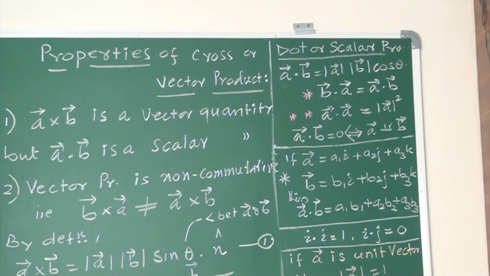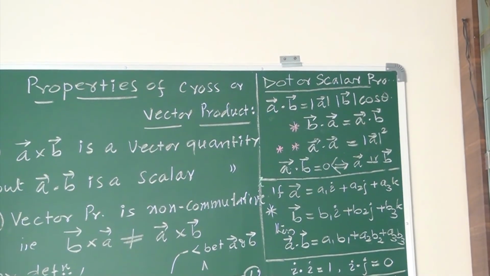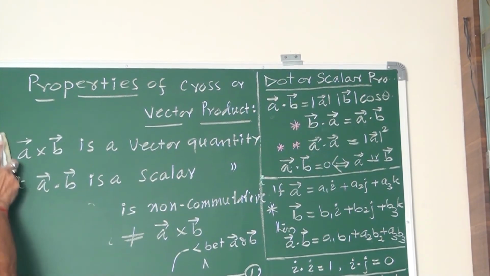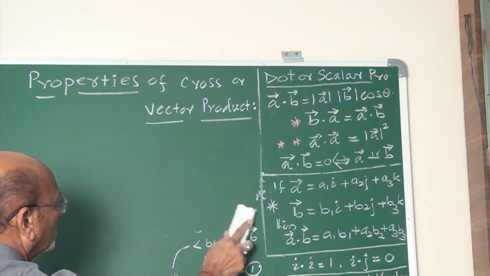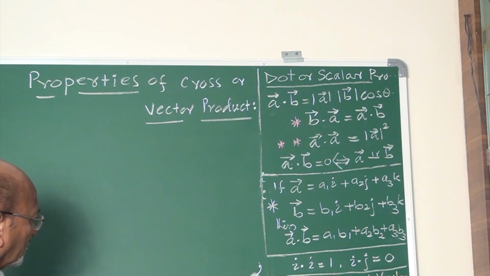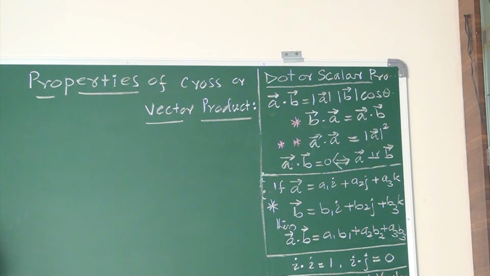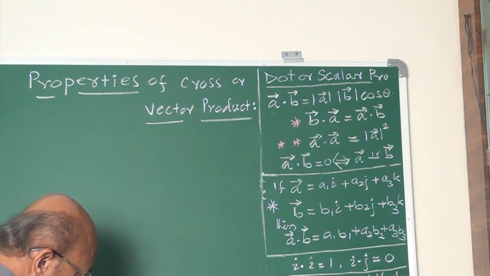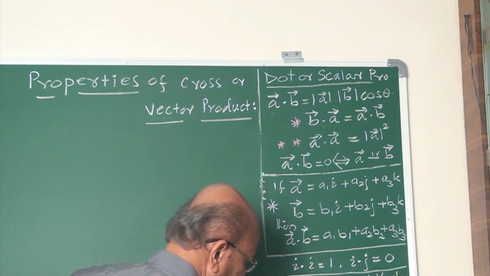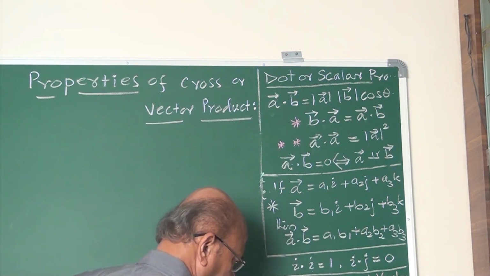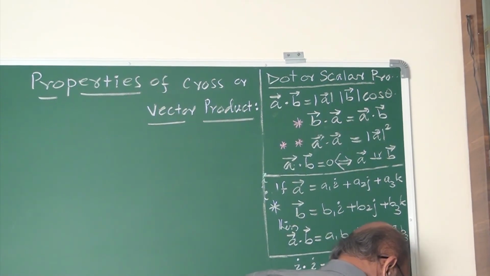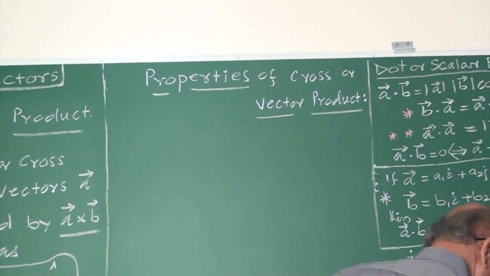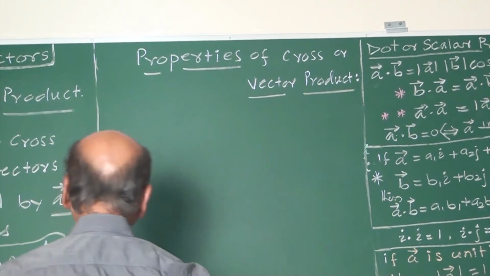In this case, what is A cross A? Third property.